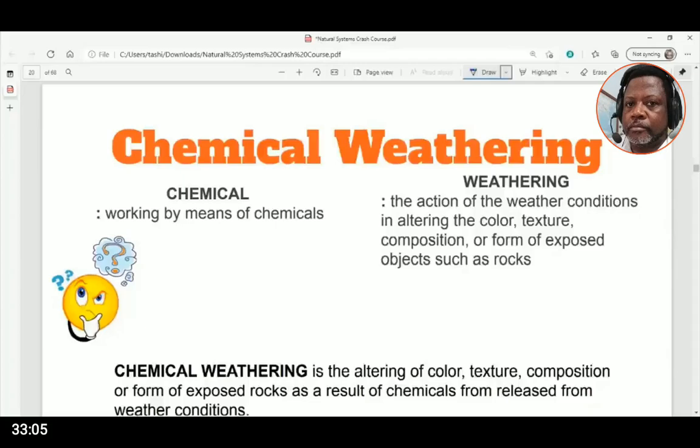Okay, so let me make a comment here that when it comes to chemical weathering, the actual molecules that make up the rock, the compounds that comprise the rock overall, are being altered and changed by a chemical reaction.